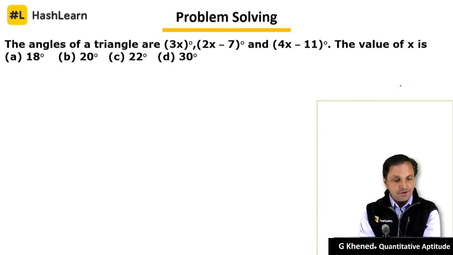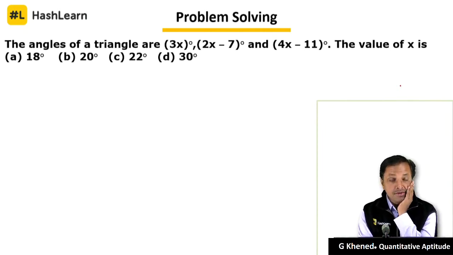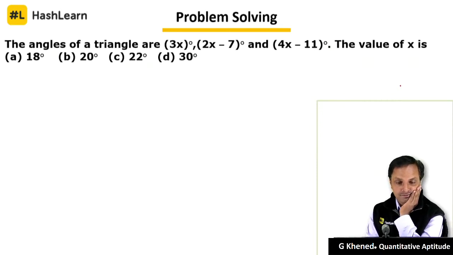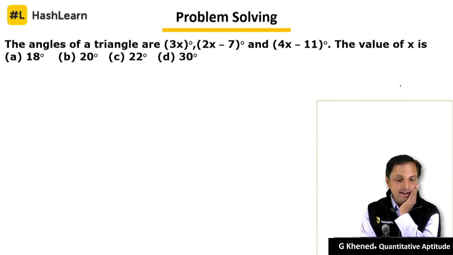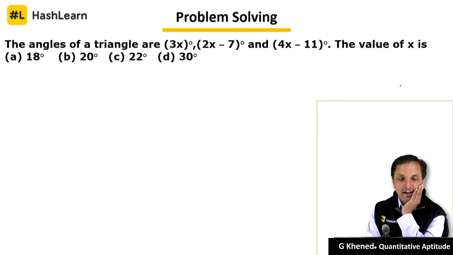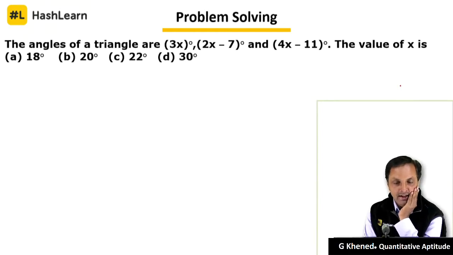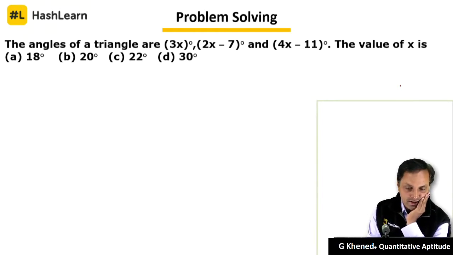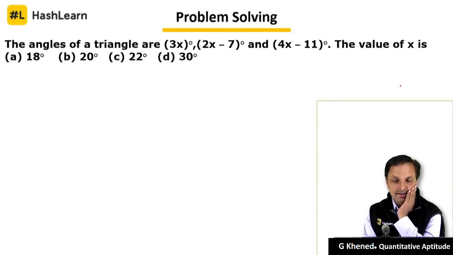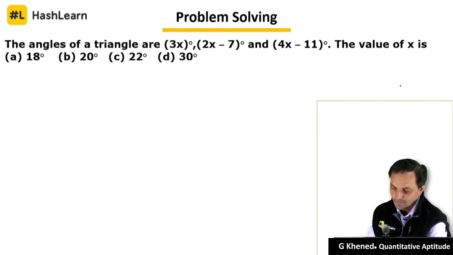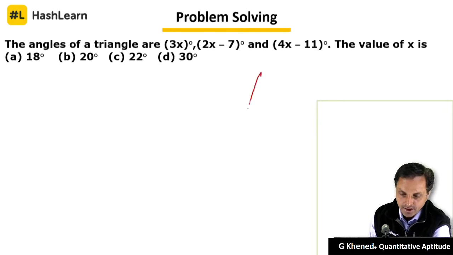So please go through the problem carefully, and they are asking you to find the value of x, and the options are in degrees. The angles of a triangle are given as 3x degrees, 2x minus 7 degrees, 4x minus 11 degrees.